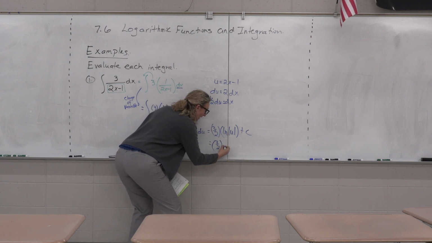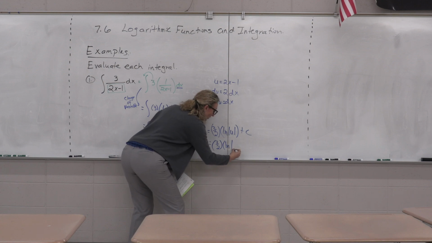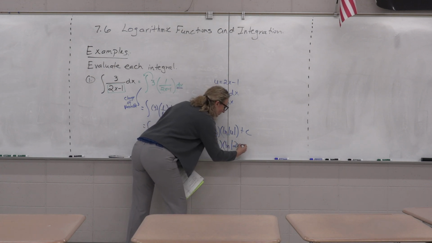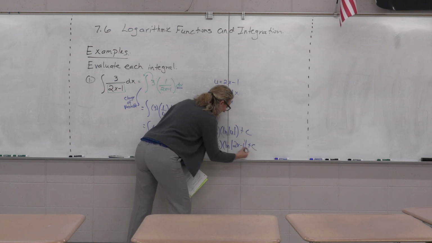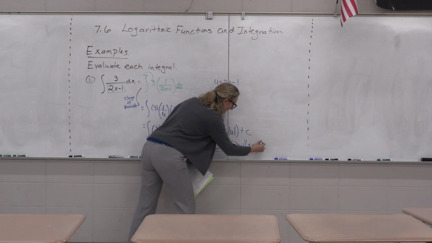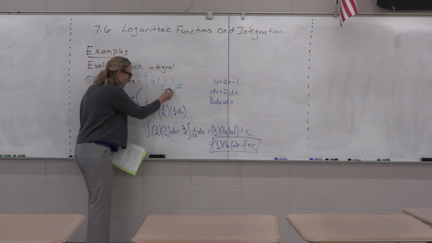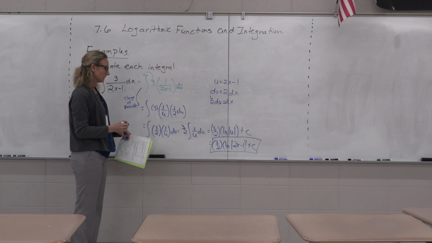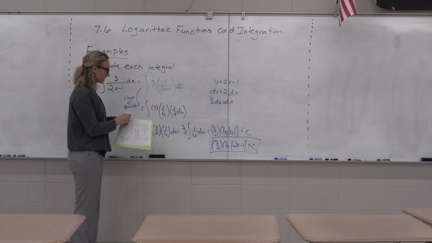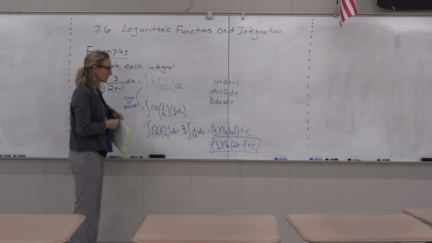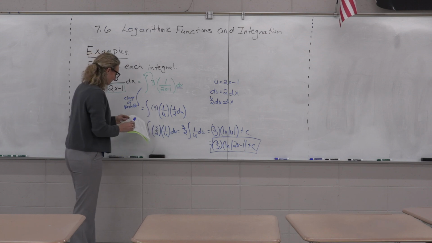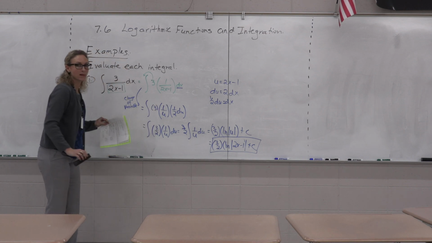So it's 3/2 times the natural log absolute value of 2x minus 1, close the absolute value, plus c. And there's the answer. So you had to let u be that inside division: 3/2 times the natural log absolute value of 2x minus 1 plus c.